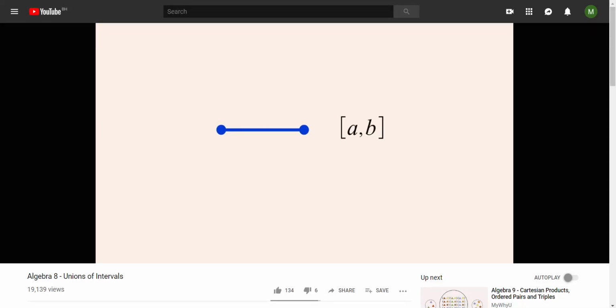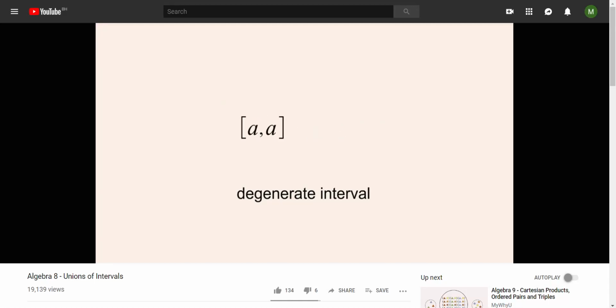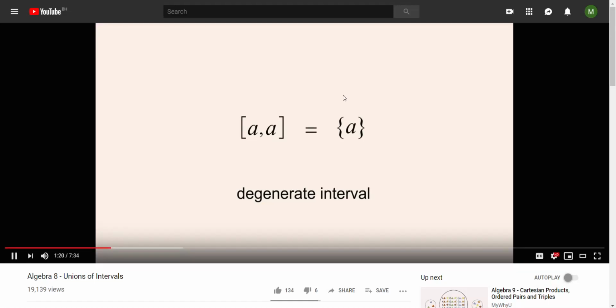It is possible for an interval to include only one point or no points. If the left and right endpoints of a closed interval are the same number, then the interval is called a degenerate interval and represents a single point on the number line. So a degenerate interval is a set which contains one real number.